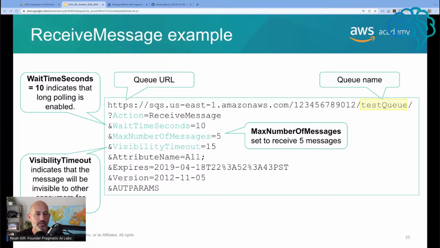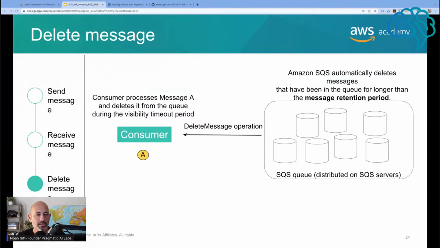Now, an example of a query to receive messages from a queue named a test queue, you would maybe have to put in the max number of messages, the wait time for a second, and also the visibility timeout when you're making a request. To prevent a message from being received and processed again when the visibility timeout expires, your job as a developer is to delete the message.